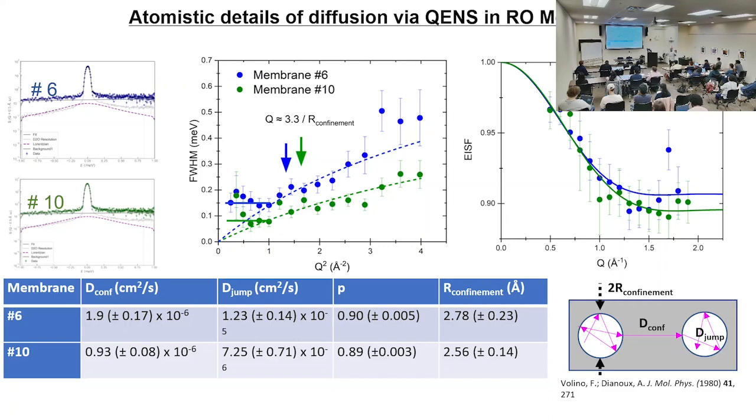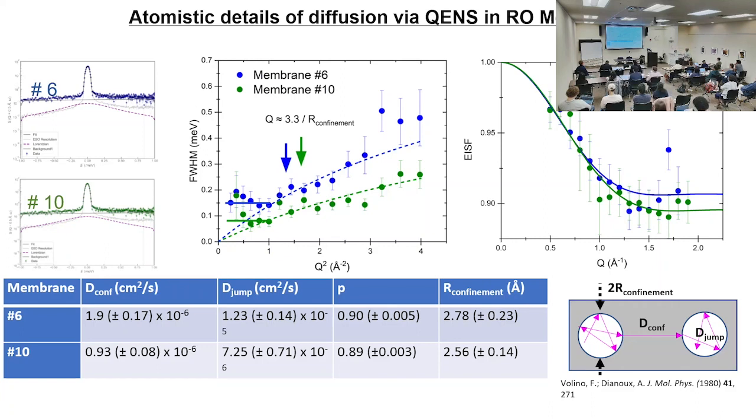But once you go outside this sphere, they're not diffusing anymore, right? So you should see the same behavior in full width half max, and that's exactly what we see here. So you see at higher Q side, you are inside the sphere, water is diffusing normally, but once you go outside the sphere, from the dimensions of this sphere, you see a flat behavior, which means that water dynamics is really confined. So this model works, everything is good.